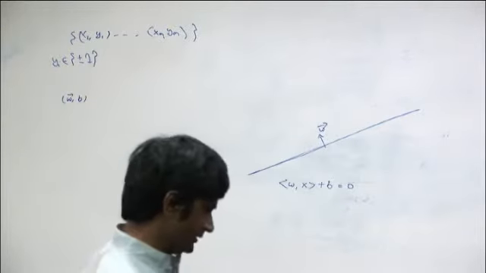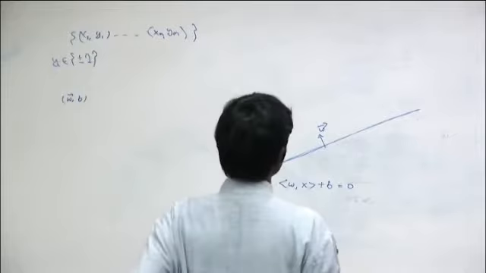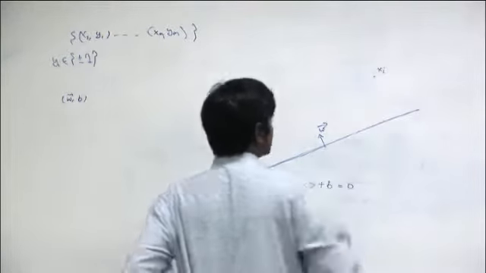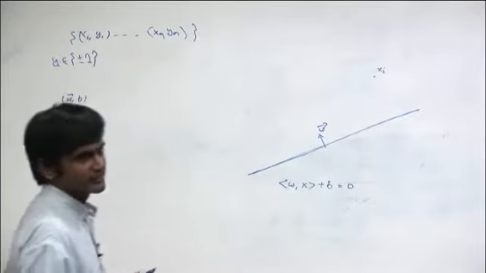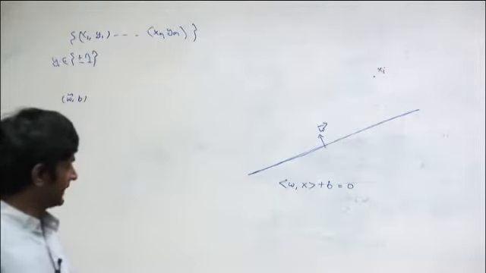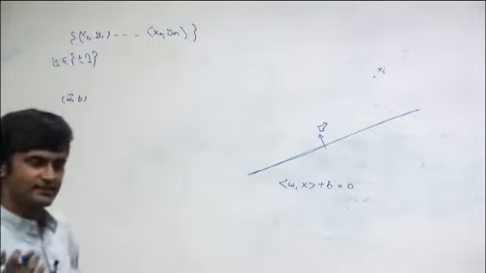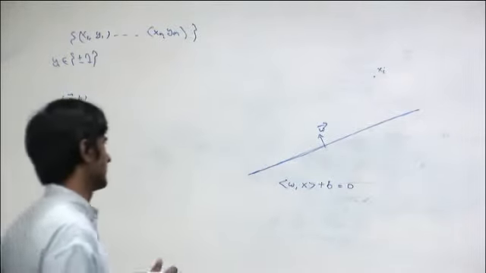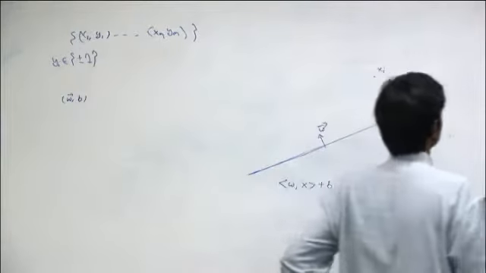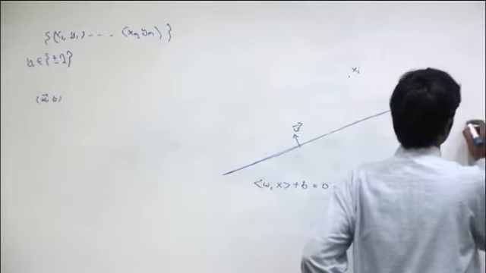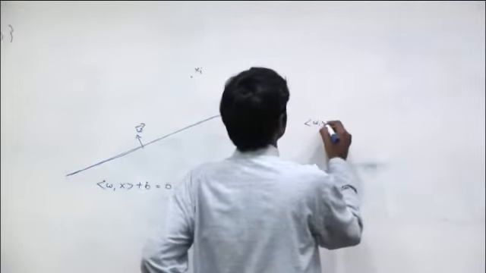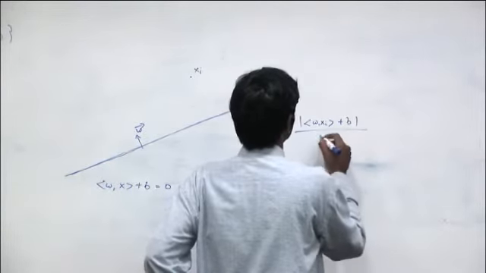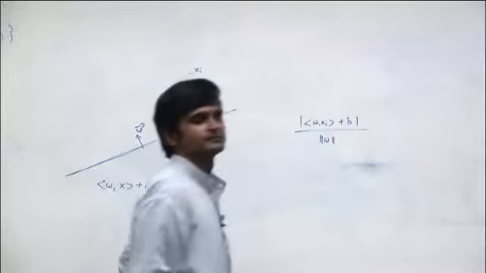Now, if I give you any point in space, let's call this xi, and you want to find out the distance of this point to the hyperplane, you can do a very elementary geometric argument, and I encourage you to do this at least once, and you can immediately write the distance to be this.